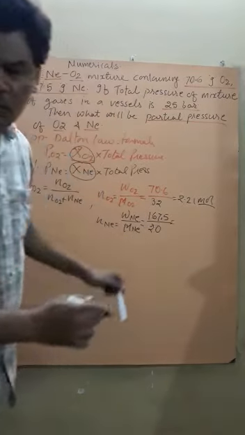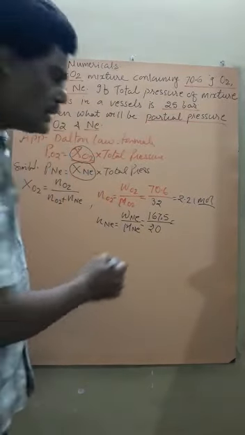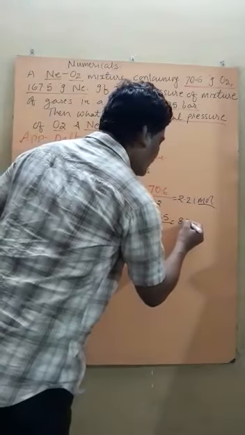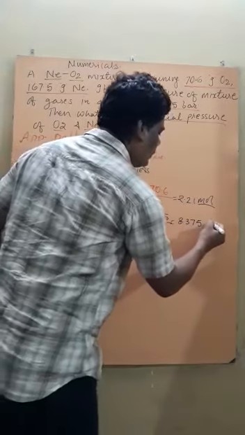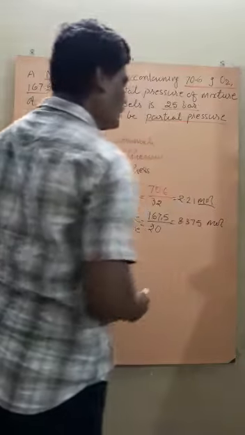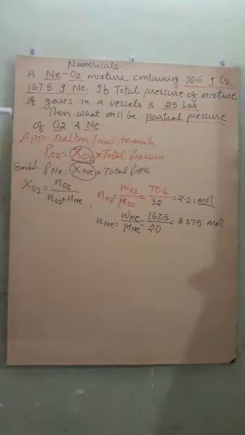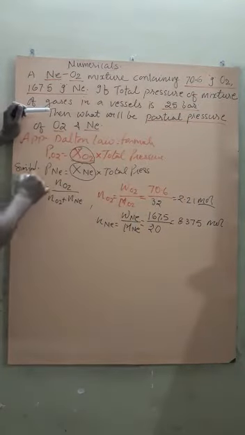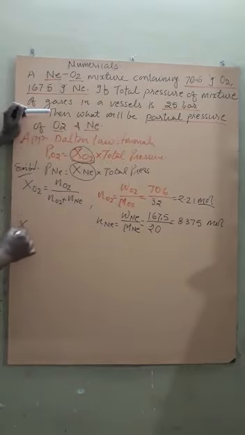So when you solve it, you will get 8.375 moles. Isn't it? Now place the value in XO2 and place the value in XNe.